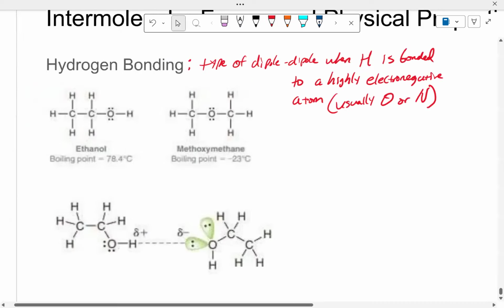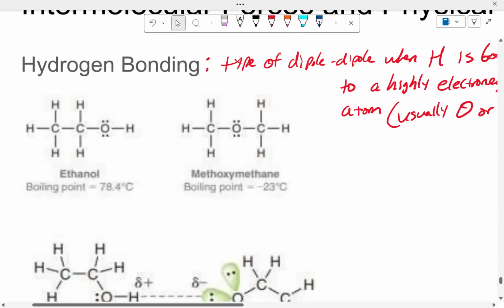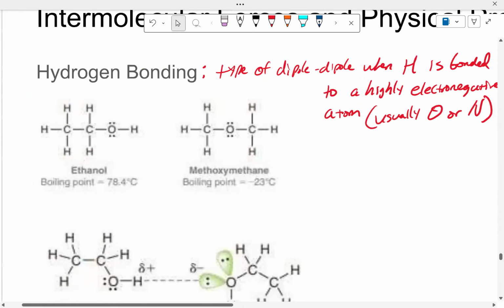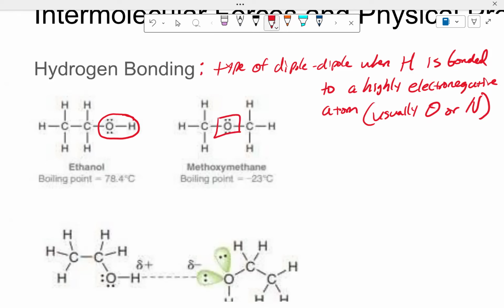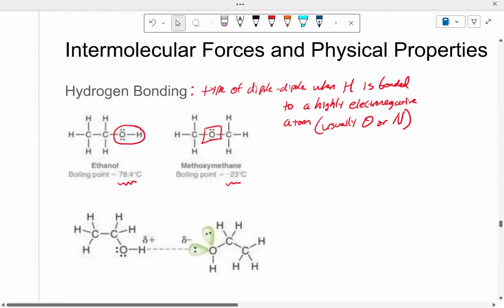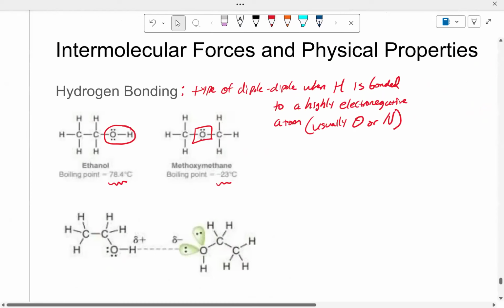As an example of this, let's compare ethanol here to methoxymethane. Ethanol has a hydrogen bonded to an oxygen. Methoxymethane has an oxygen in it, but not a hydrogen attached to it. And look at the drastic difference in their boiling points. Ethanol is like 78, methoxymethane is below 0.